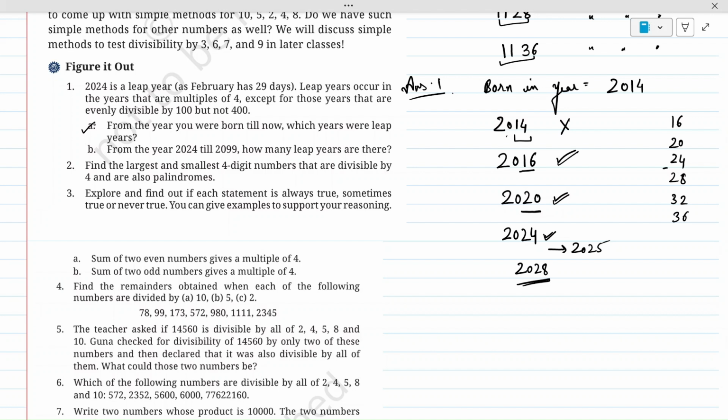Now, from the year 2024 till 2099, how many leap years are there? How can we do this, kids? Again, we can write down the multiples of 4 starting from 2024. So I can start writing the multiples from 24 till I reach 99.